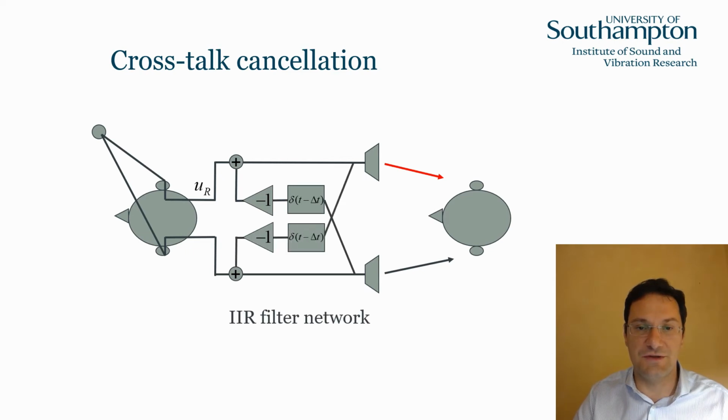Of course, we do the same for the other loudspeaker. We take the right loudspeaker signal and we feed it back after delay and phase reverse to the left loudspeaker. Therefore, for every signal generated by the left loudspeaker, a corresponding signal in phase opposition is generated by the right loudspeaker, and vice versa.